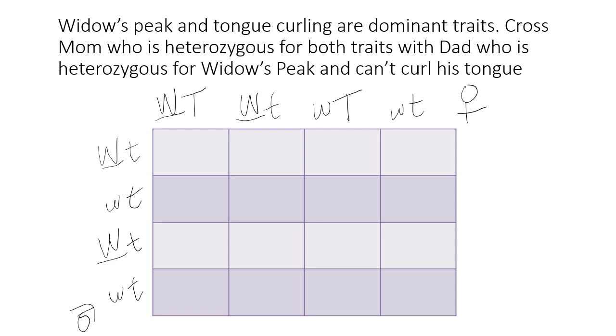So to figure out what goes in each box, I'm going to need to take these different allele combos, because remember, this is what could go in the eggs, right? So each egg up here has to have 1 W and 1 T that goes in the egg. Otherwise, you don't have hair or you don't have a tongue. So you've got to give 1 letter for each one. The same with the sperm over here.